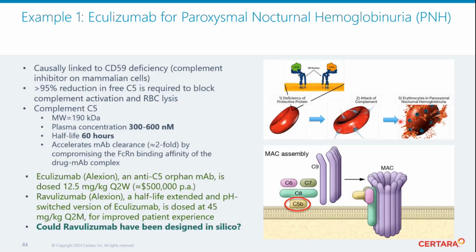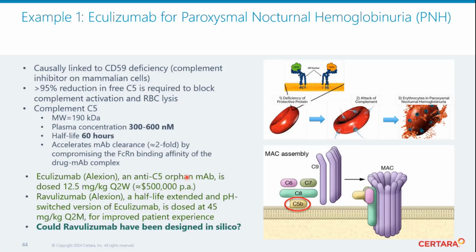Fortunately enough, there is an antibody called eculizumab from Alexion, now part of AstraZeneca, which pretty much deals with the issue. It was also, for a long while, the most expensive drug one can get, scoring about $500,000 per patient.